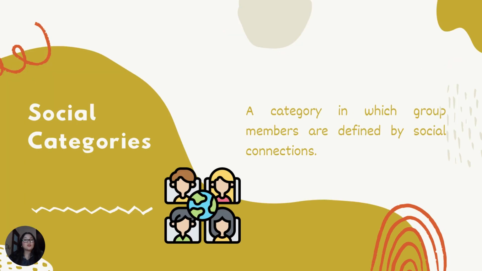Then we have social categories that categorize individuals based on their social connections. Nevertheless, in many situations, a word such as uncle, brother, or grandfather is used for many people who are not covered by the technical definition of these words or these social roles.